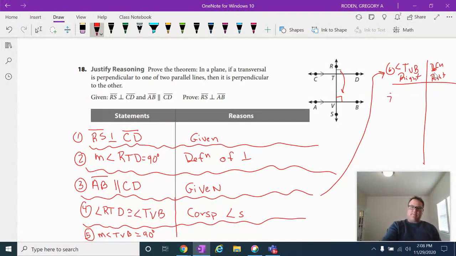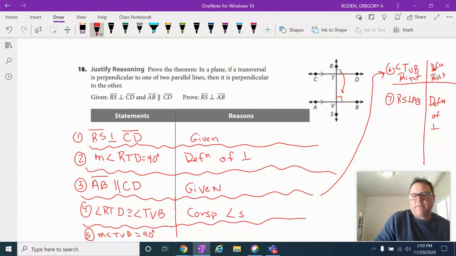And then on step 7, we can say that RS is perpendicular to AB. And the reason we can say that is the definition of perpendicular, because the true definition of perpendicular is that there's a right angle at their intersecting point. And so you don't want to go straight from 90 degrees to perpendicular. You want to go right angle to perpendicular. So you got to do that extra step in between. And by the way, on the step where TVB is equal to 90 degrees, that's substitution.